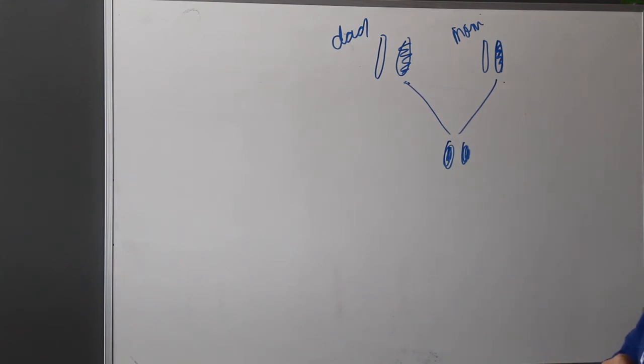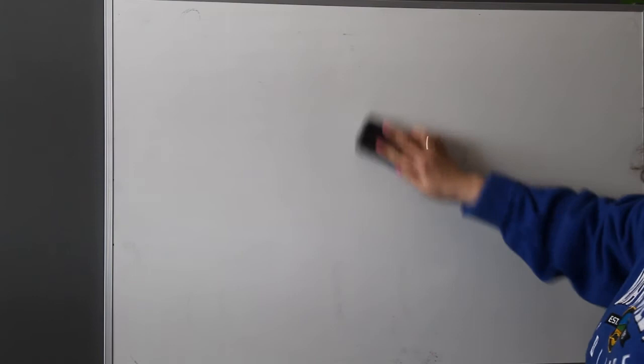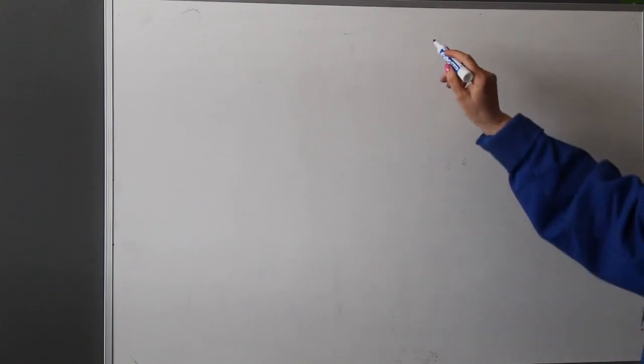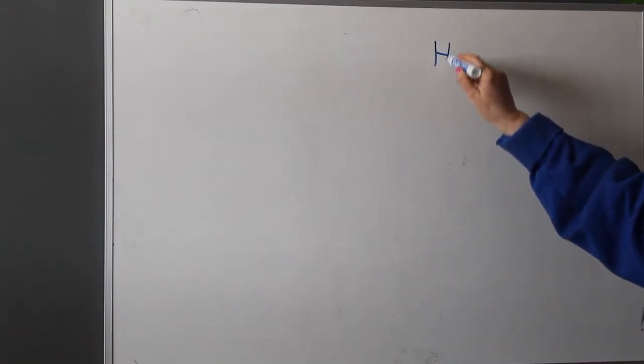So let's do a couple Punnett squares. And like I said, it doesn't really matter what the condition is you're looking at, whether it's Tay-Sachs or galactosemia or cystic fibrosis. The pattern of inheritance is always the same. So I'm just going to use a capital H, and that's going to be a healthy allele.